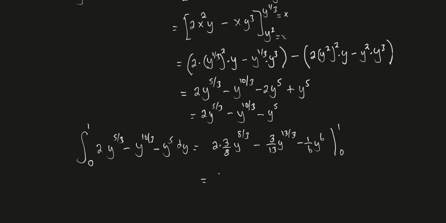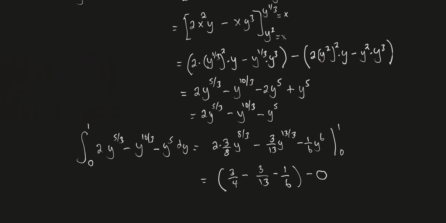So let me write down the fraction. So 2 times 3/8, that's 3/4, minus 3 over 13, and then minus 1/6, so we have that. And then at the lower limit now, everything is 0, so minus 0.